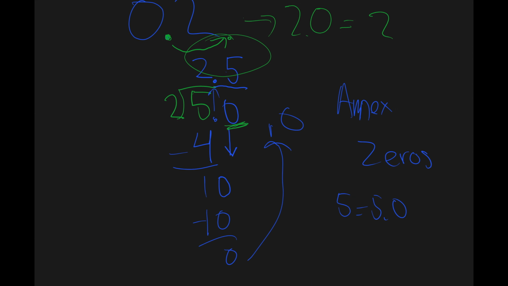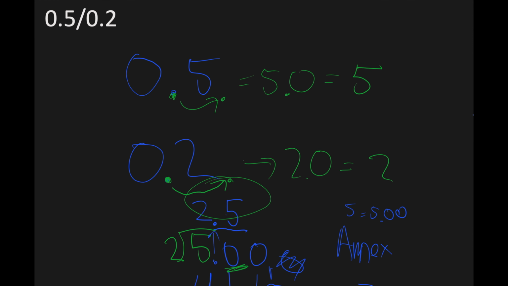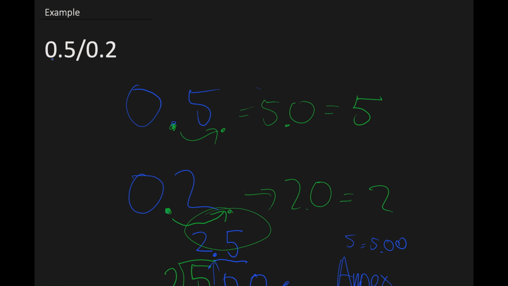We can add those as many times as we want. As you can see here, there's no remainder. But let's say this remainder was 2. We could add another annex 0 because 5 is still equal to 5.00. So you could add another annex 0 and do the process all over again. But 2.5 is our answer.